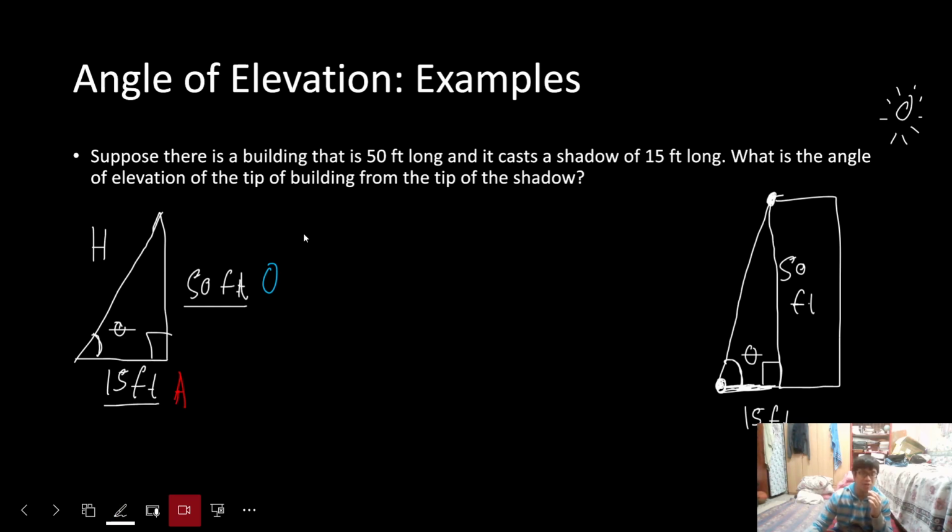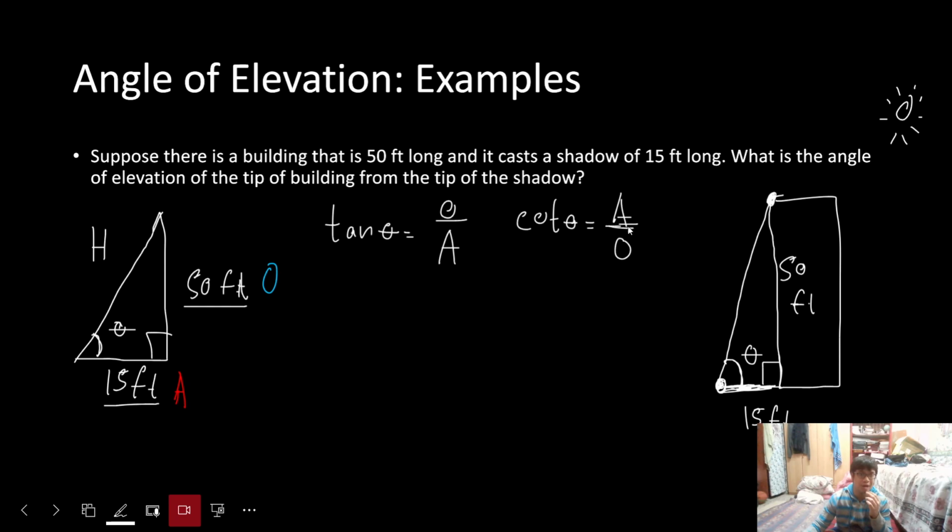Now, what trigonometric functions consist of a ratio of opposite and adjacent? There are actually two: tangent theta, which is equal to the ratio of opposite to adjacent, and cotangent theta, which is the ratio of adjacent to opposite.